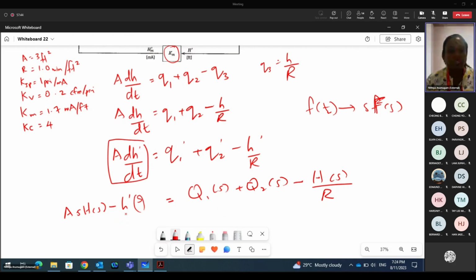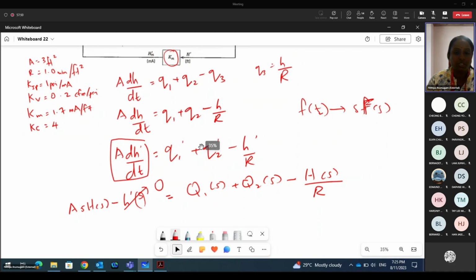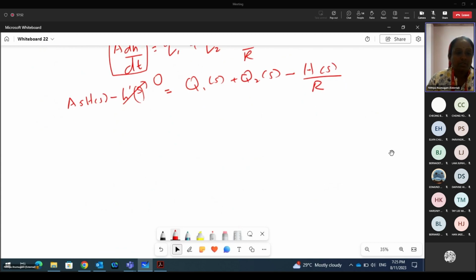All right, so this will become 0 because we are transforming as it approaches 0. So with that, by transferring the R to one side and the s to one side, we will be getting 1 over R plus AS.